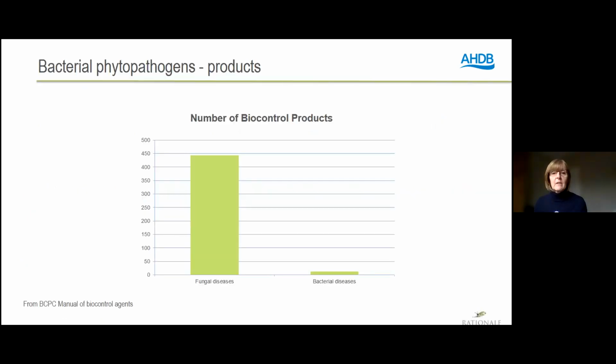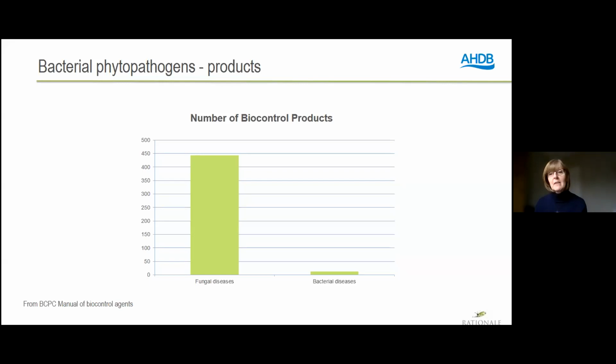So this slide is being kindly loaned to me by Roma Gwynn from BioRationale, and she collated some data on the availability of biopesticidal bacterial pathogens. You can see the number of biocontrol products produced with fungal pathogen control in mind, compared to those for bacterial diseases, there's a massive difference and a huge imbalance.